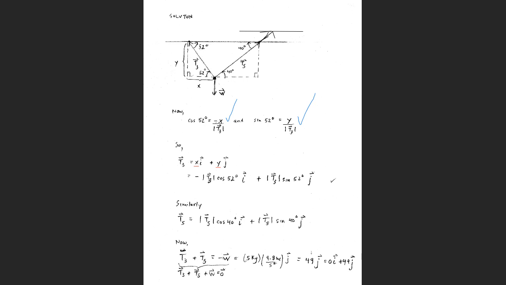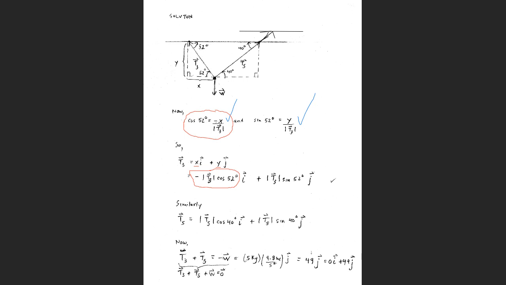And the X, by virtue of this first equation, has to be equal to negative the magnitude of the tension T sub 3 times the cosine of 52 degrees.